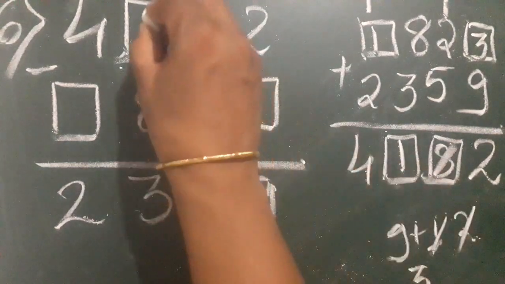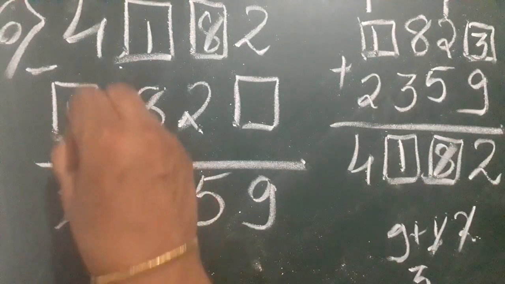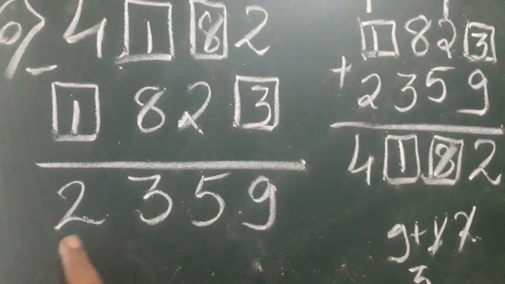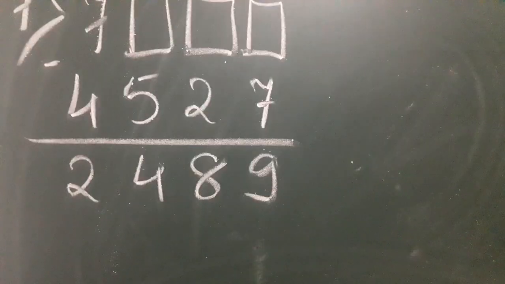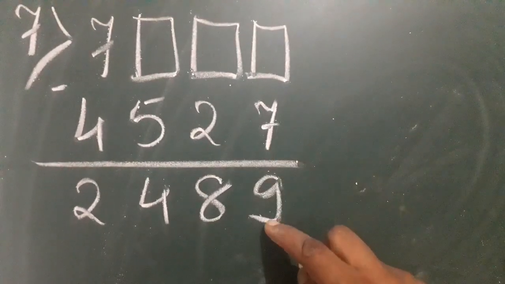4, 1, 8, 2, which is this number. 1, 8, 2, 3. 1823 and 2359 is this number. Now let us discuss this question. So here you have to add these two numbers again.